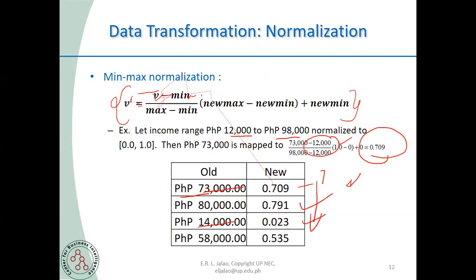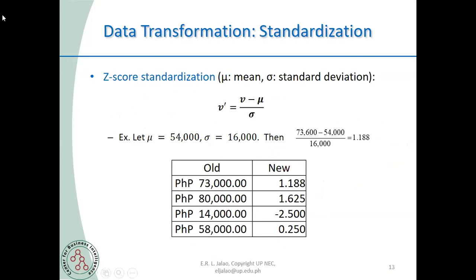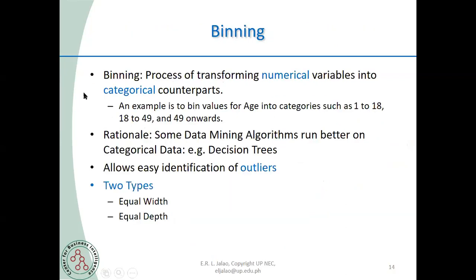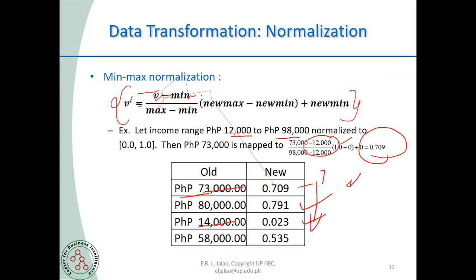Okay, so we have another example of min-max. Assuming that we have a sample problem for the min-max normalization, we have the marks. Assuming that this is our data set: 5, 10, 5, 6, 10, 15.